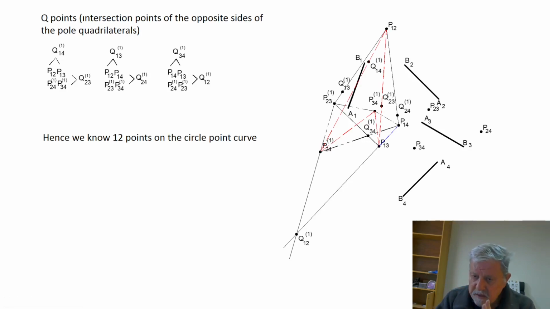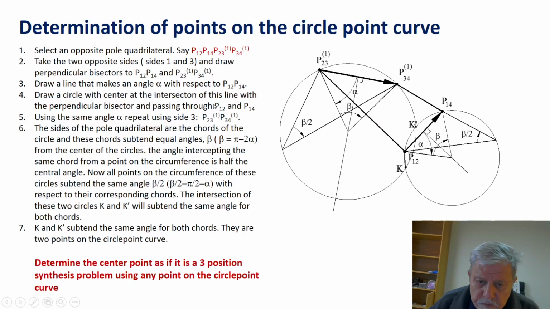These are, let me repeat, the poles, the Q points, what we call Q points, which are the intersection of the opposite sides of the pole quadrilaterals. You have 12 points on the circle point curve. Now, how are you going to determine any other point on the circle point curve?